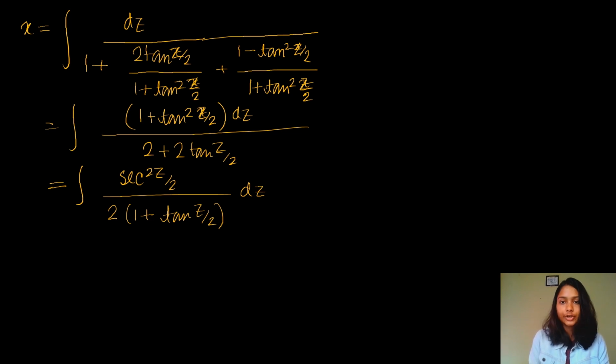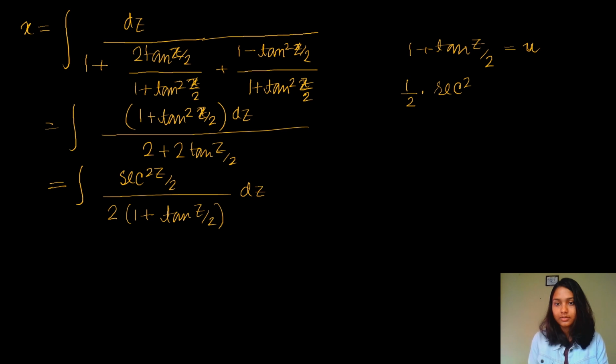So if we substitute 1 plus tan z by 2 equals to, say, there is already a y, so u, differentiation, as there is z by 2 here, will be a half sec square z by 2 dz equals du.